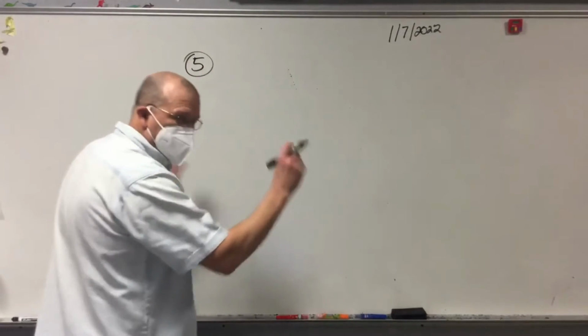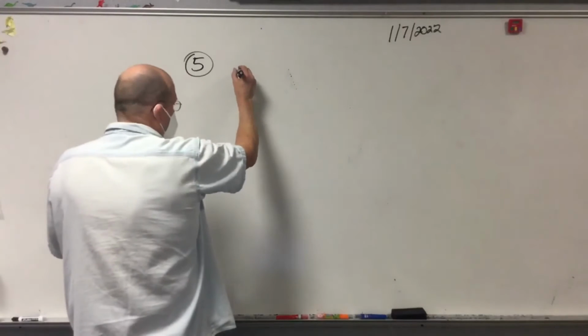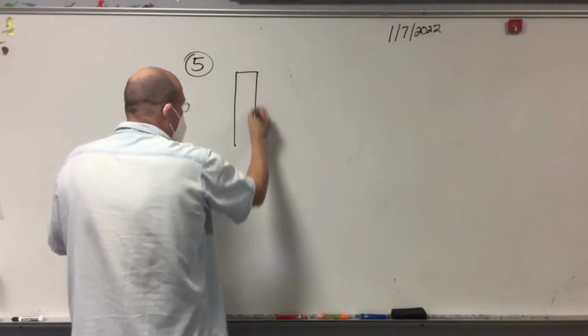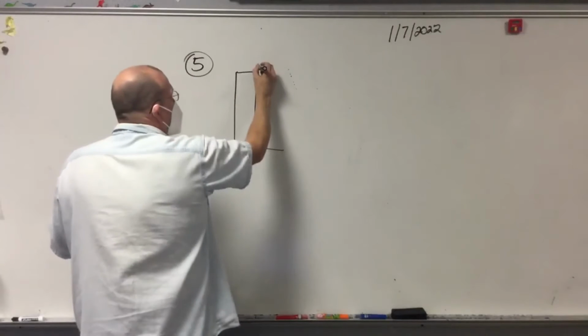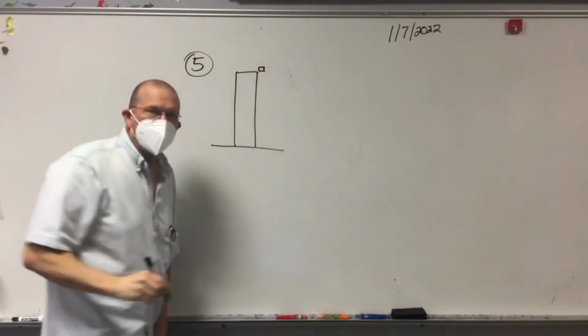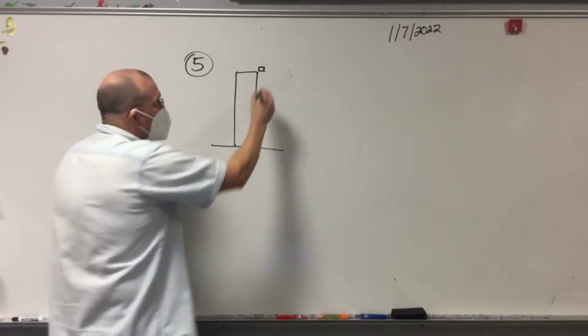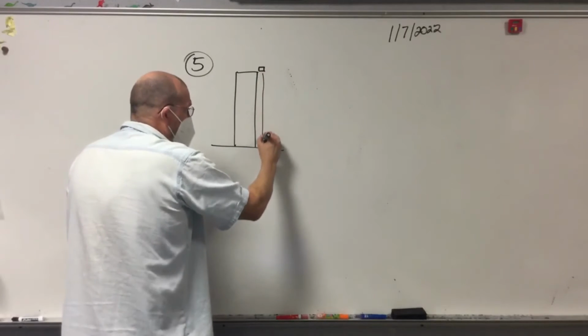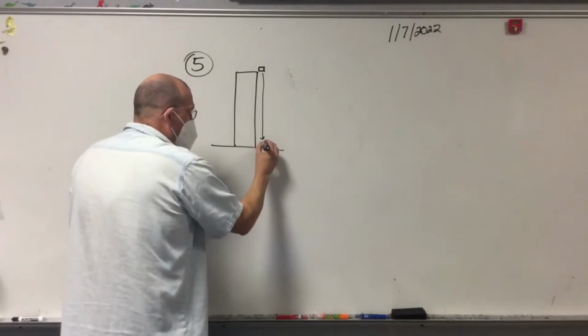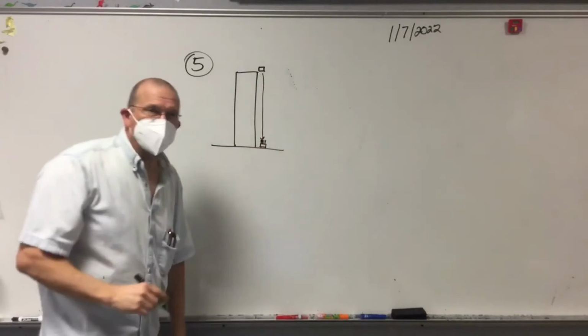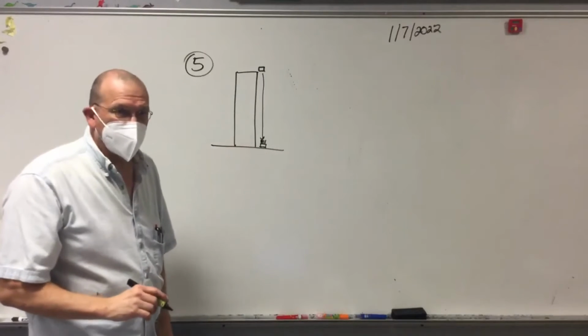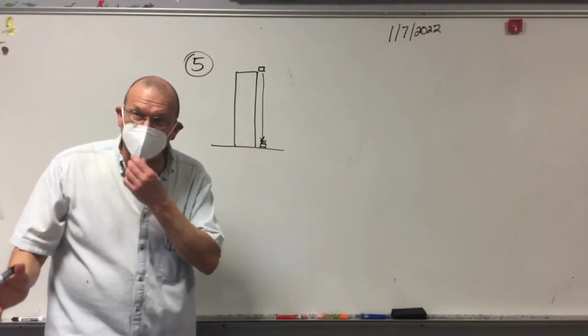So, here's our little tower, and here's our little Lego piece, and it's just going to fall down to the ground, and so we want to know how much momentum it has right when it gets to the ground. What's our only equation for momentum?